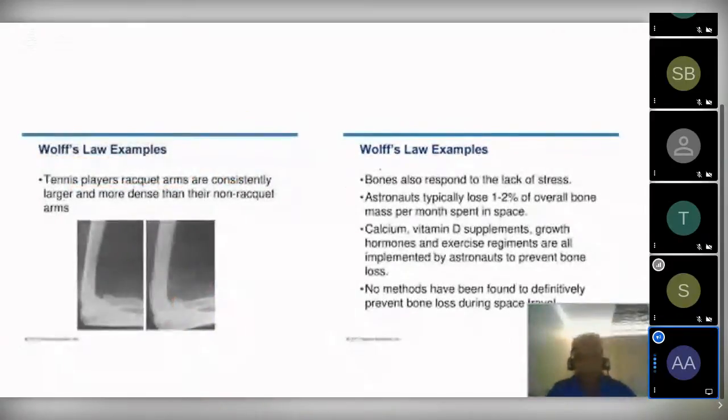Similarly, some more examples of Wolff's law. Bones are also less. So if there is excessive loading, they become strong, isn't it? Similarly, if there is no loading, where can it happen?